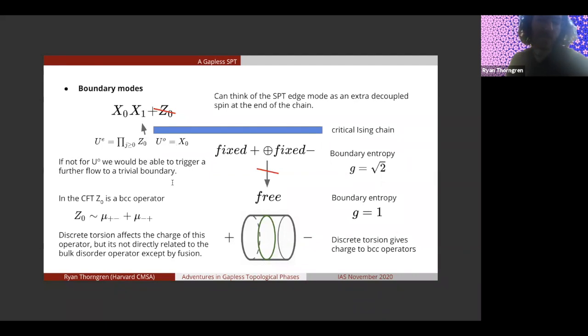And in terms of the CFT, this operator that we'd like to add, Z0, is a boundary condition changing operator. It's really a sum of the two boundary condition changing operators from plus to minus and minus to plus. There's only one primary in this case, and this is a sum of the two primaries. Now, the discrete torsion affects the charge of this BCC operator.